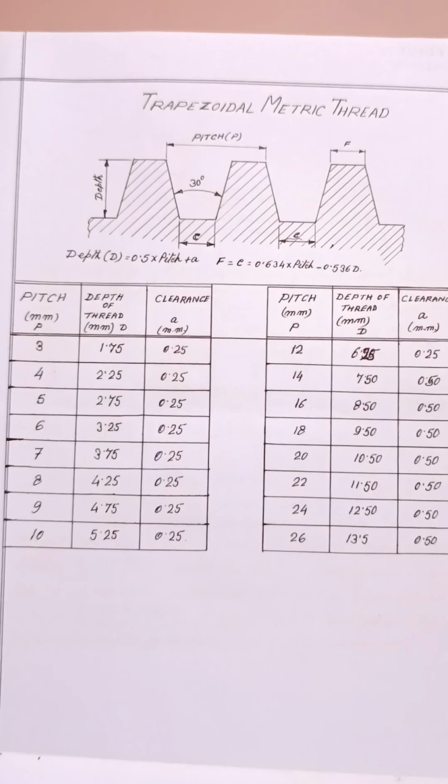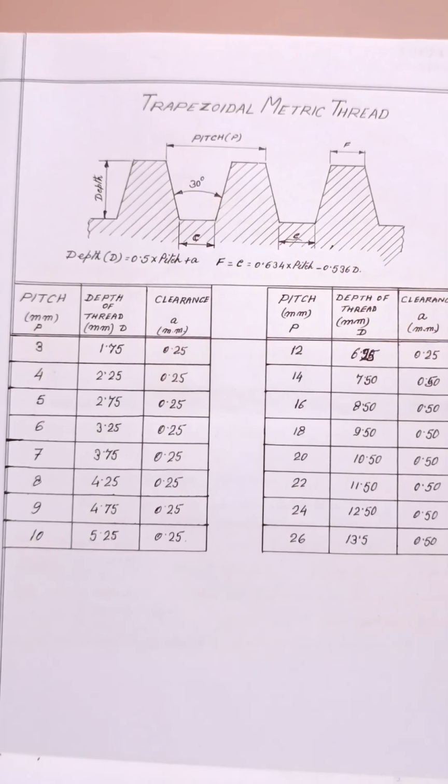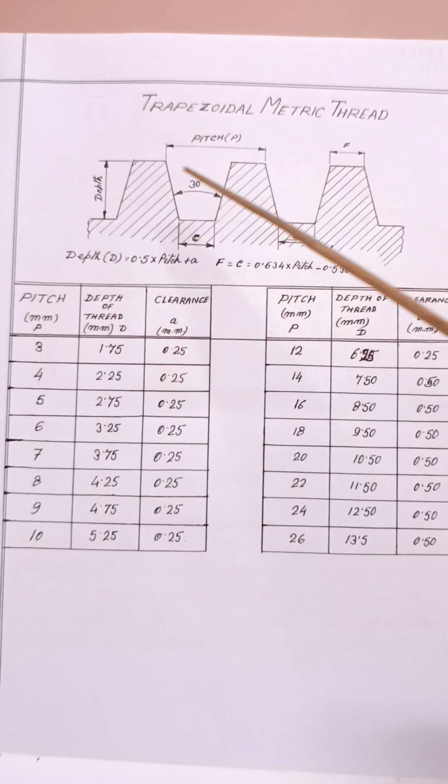The only difference is in the angle. The included angle here is 30 degree. In ACME thread, which I discussed in my earlier chapter, the included angle was 29 degree.